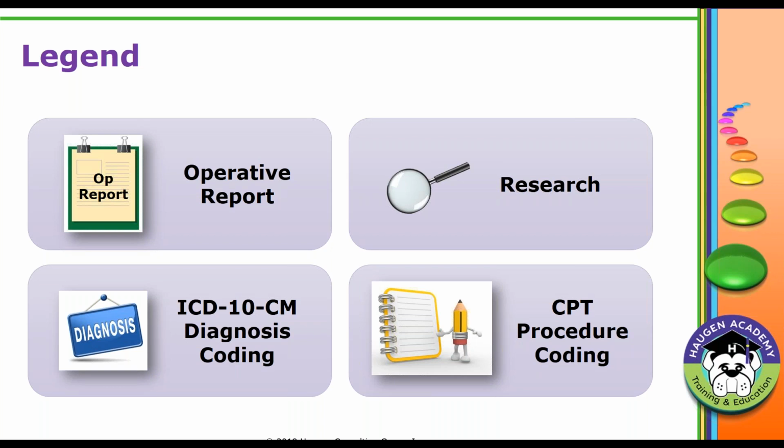We have a report icon that says op report, for when we're looking at the op report. We have research, ICD-10 CM coding, and a procedure coding icon as well. These will help us along the way, so we all know what we're talking about.